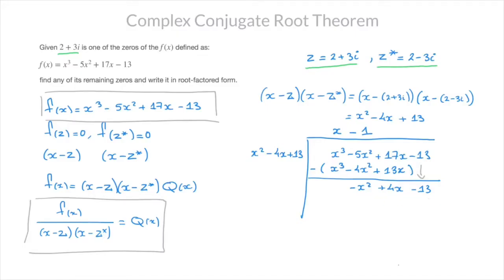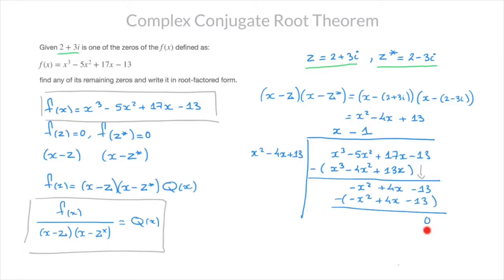So we have negative 1 times x squared, that's negative x squared, minus negative 1 times 4x, so that's minus negative 4x, in other words, plus 4x, plus negative 1 times 13, so that's minus 13. And now subtracting this result from the row above it, we quickly see that this equals 0.